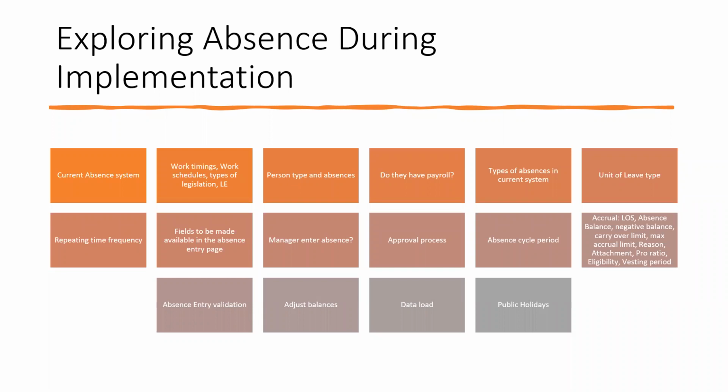Next thing is about the person type and absences. What are the different person types that they have in the system? Like we have employees, non-workers, pending workers, contractors, right? Pending worker is out of our scope. How about the contractors and employees? Which person types can actually record absences?